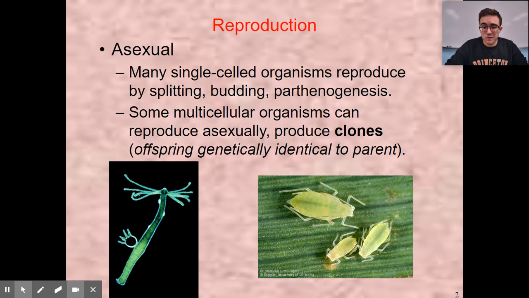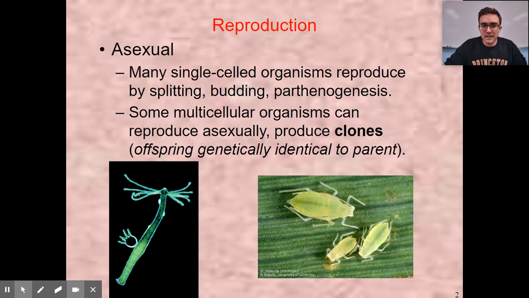If it's a single cell organism, like most bacteria, they're going to reproduce asexually, which is just splitting, budding. The fancy word is parthenogenesis, which is basically we take one cell and we end up with two. That's how they reproduce. There are a couple multicellular organisms that can reproduce asexually. It's very rare though.